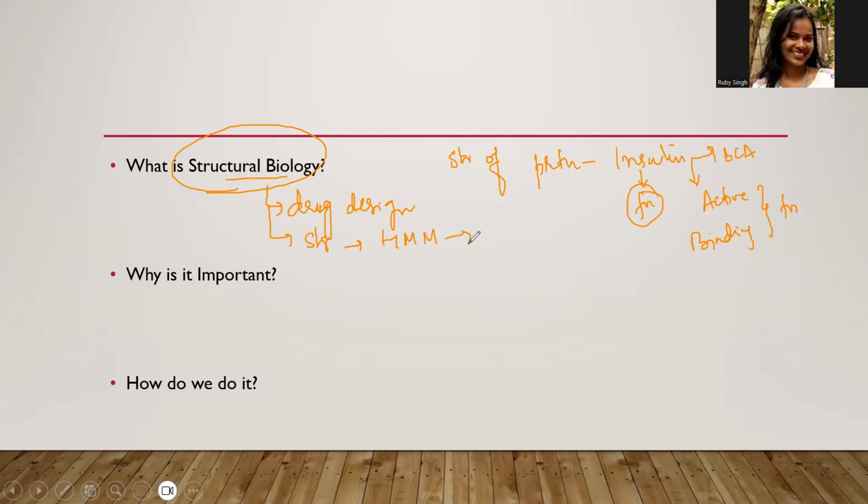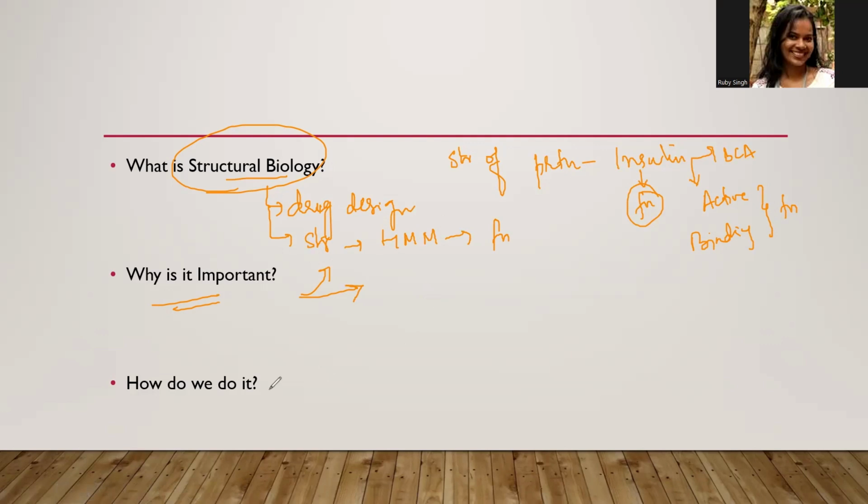And once you can predict the structure, you can also predict the function of that protein. This is going to help in drug designing, in getting drug inhibitors, and in understanding enzyme action and enzyme activity, all those functions, in order to understand the molecular biology.